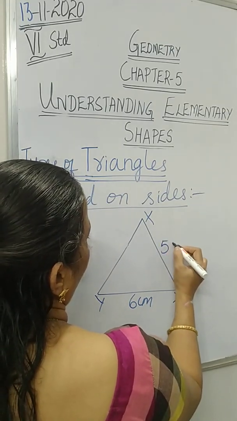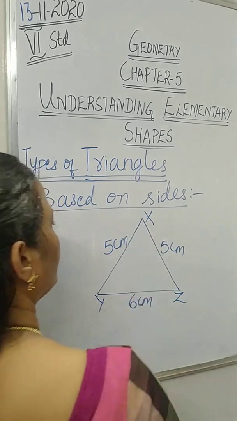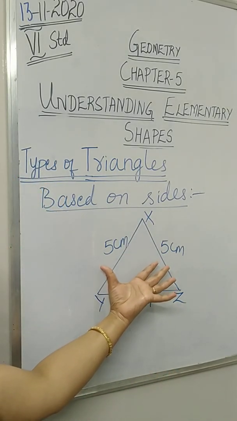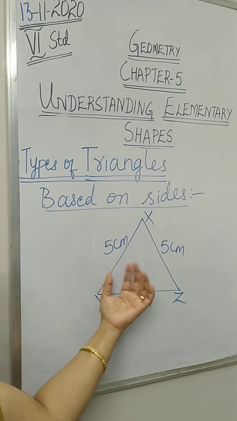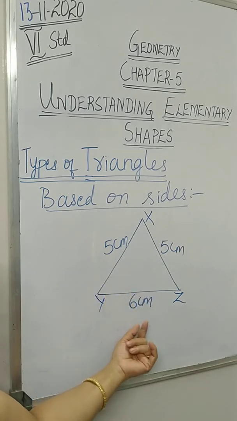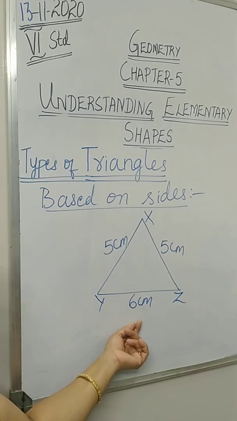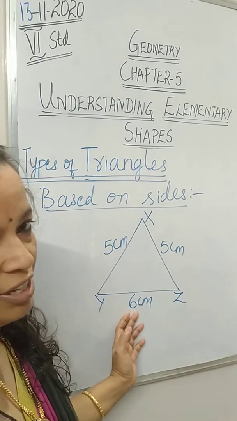Here it is 5 centimeter. Here also it is 5 centimeter. What do you find in this triangle? You can see that this and this, two sides, have the same measurement. One of the sides is different. Here two sides are equal, one side is different.